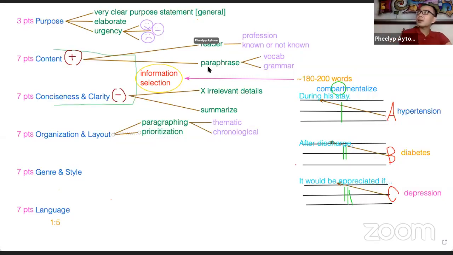I have a question. In general, which is more important, hypertension or depression? Correct, it depends.